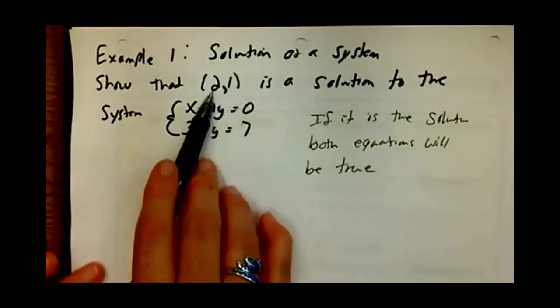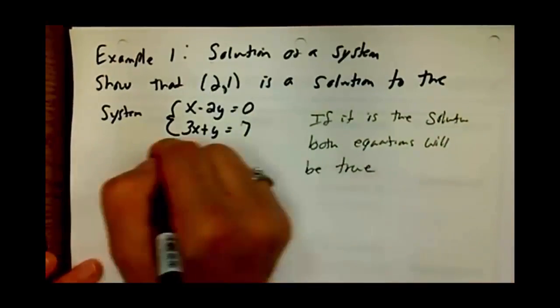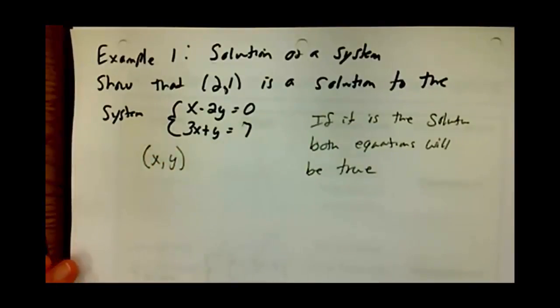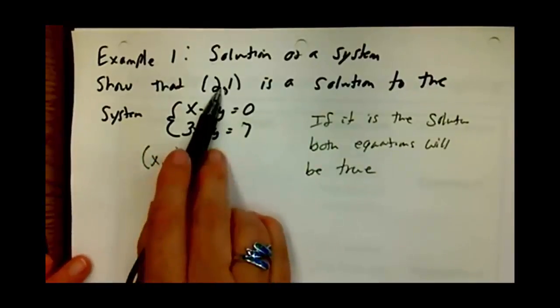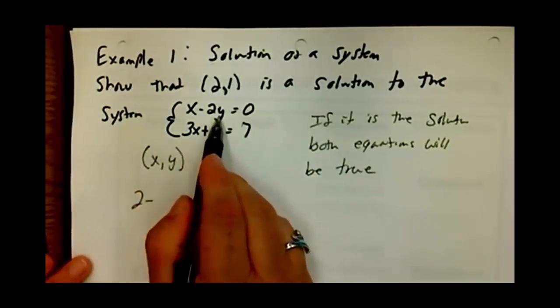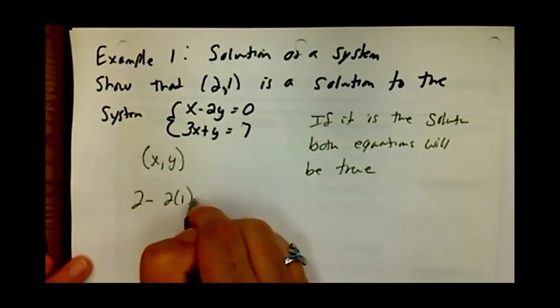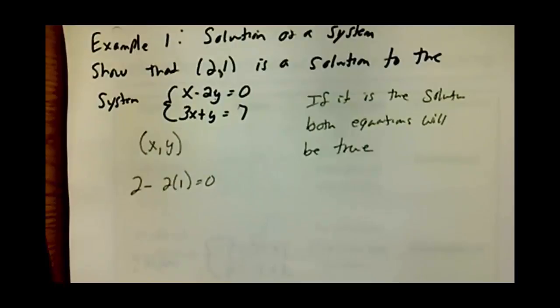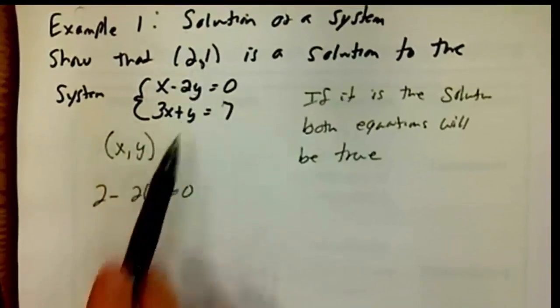So if I plug it in the first one, and any time in our points, x comes first, y comes second. So wherever I have an x, I'm going to plug in a 2. Wherever I have a y, I'm going to plug in a 1, and check to see if it works. We've been checking these for quite some time with our algebra. Plug 2 and 1 into here.